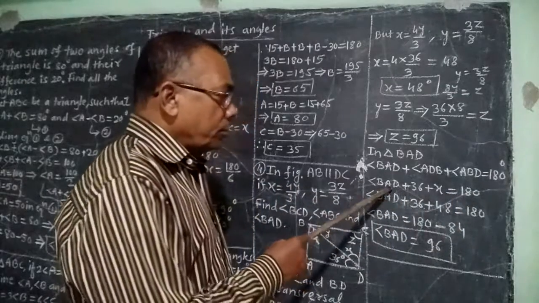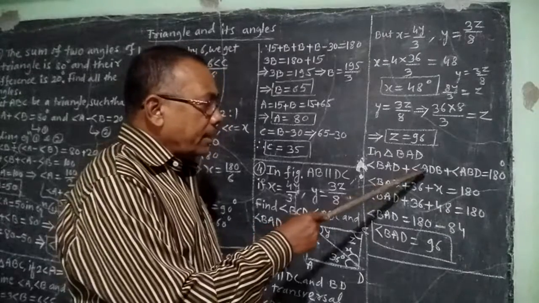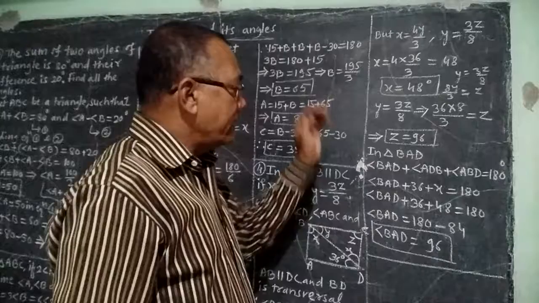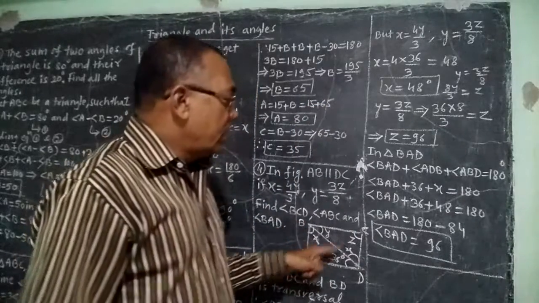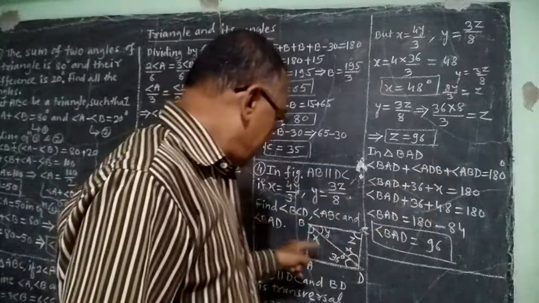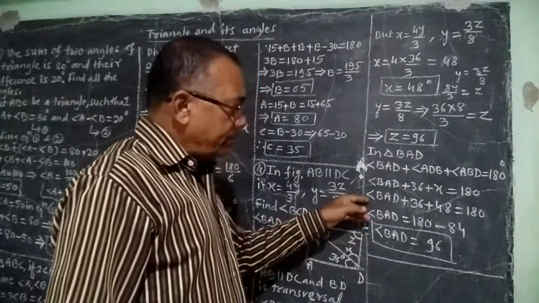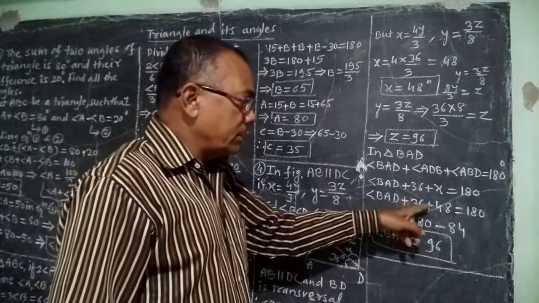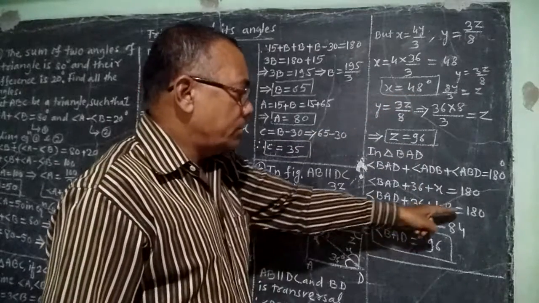Here we don't know the value of angle BAD, so write it as it is, plus angle ADB is 36 and angle ABD is x. Now angle BAD plus 36 plus x, where the value of x is 48, is equal to 180.